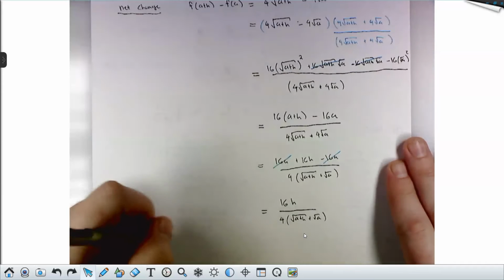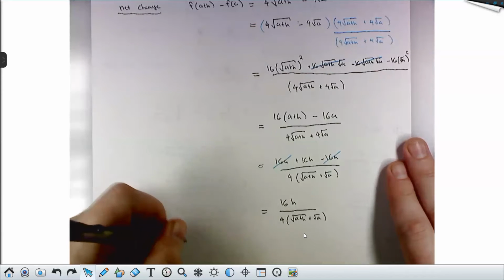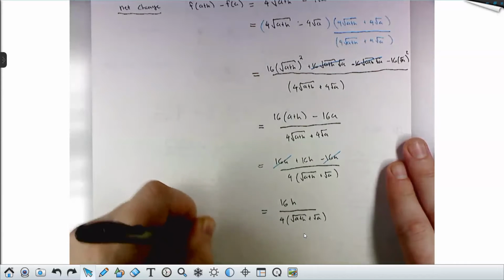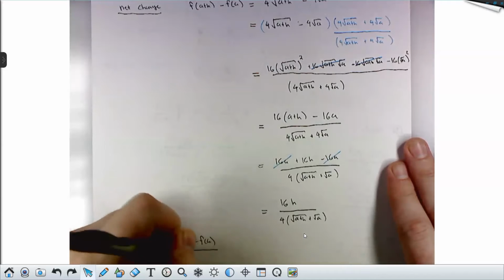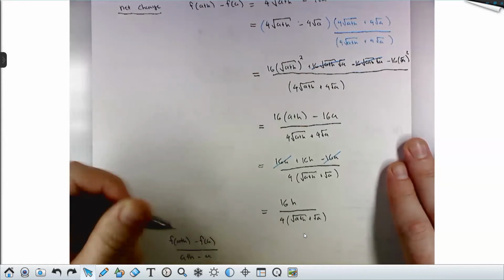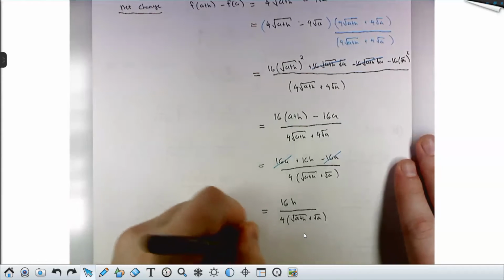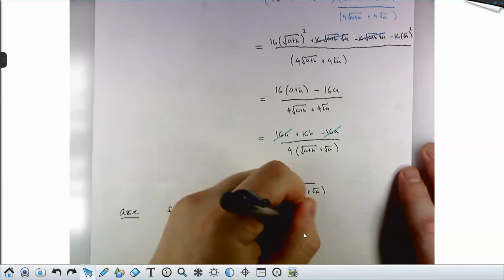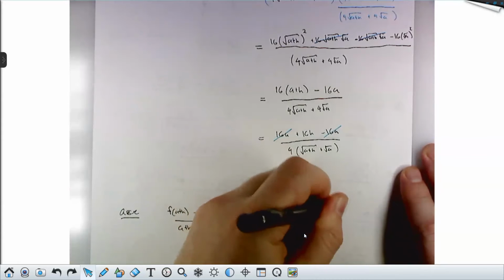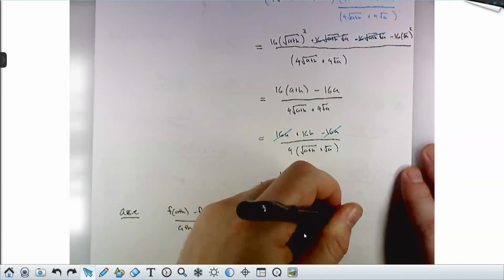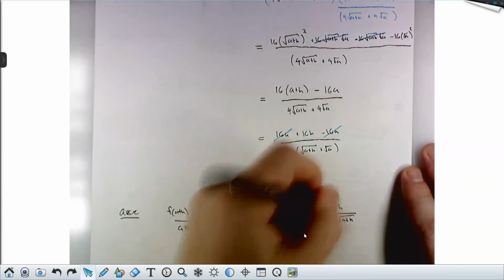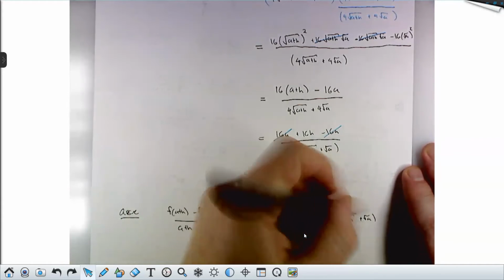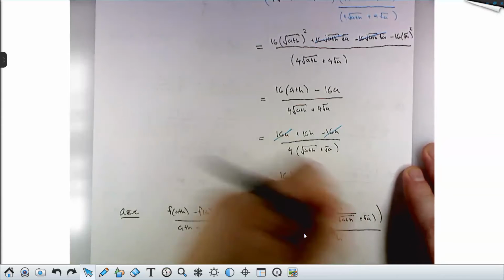So now the average rate of change would be f of a plus h minus f of a all over a plus h minus a, which is f of a plus h minus f of a all over h, which is this thing we just found. 16h over 4 square root a plus h plus square root a, all divided by h.